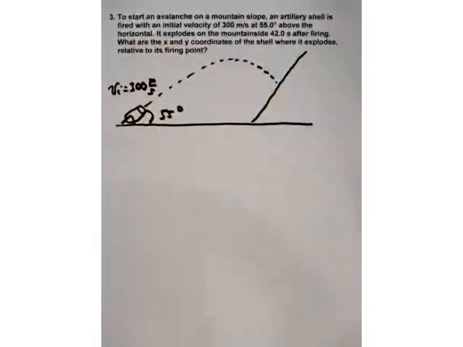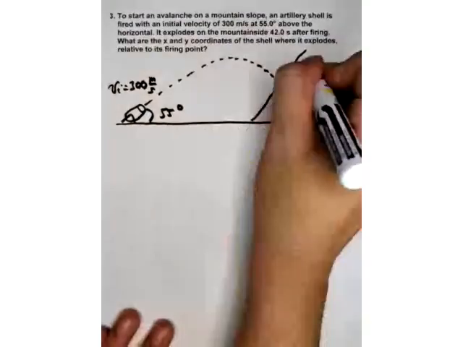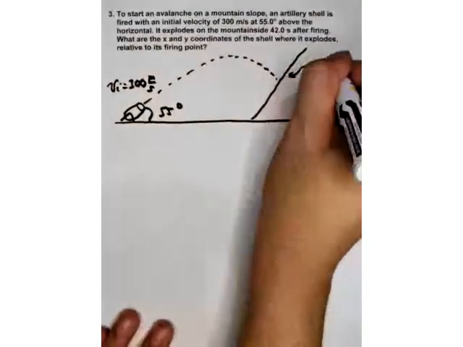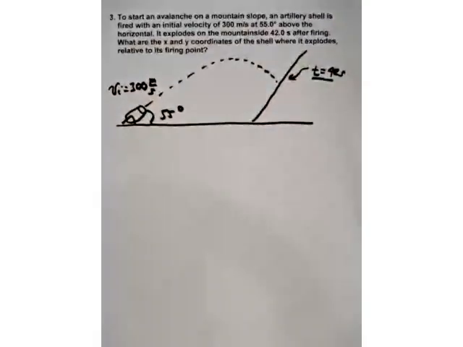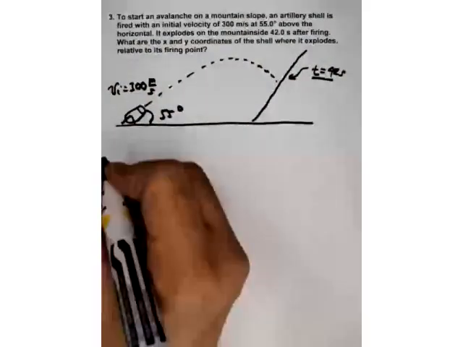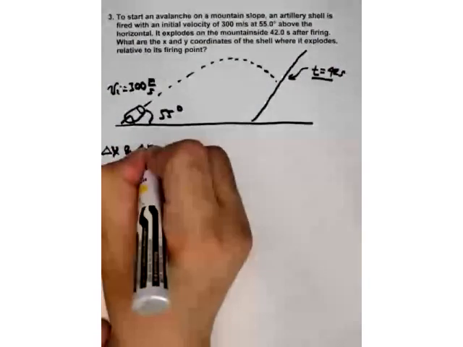It explodes on the mountainside 42 seconds after firing. So yung time ay given, that's 42 seconds. So what are the X and Y coordinates of the shell where it explodes relative to the firing point? So ang tinatanong ay ano ang delta X and delta Y relative to the firing point.